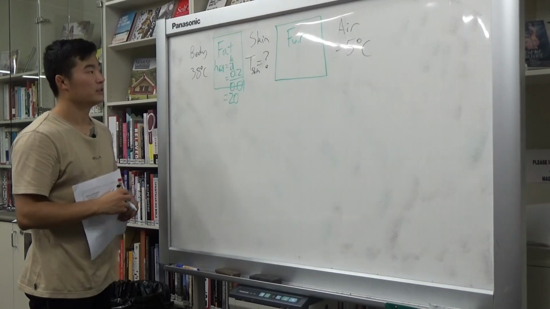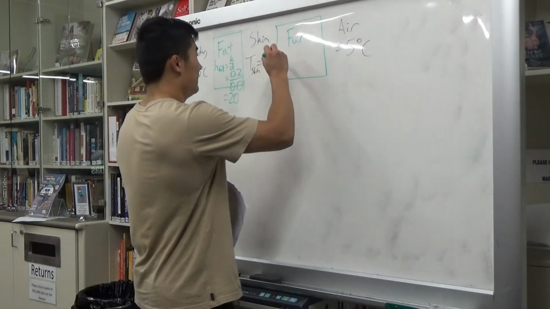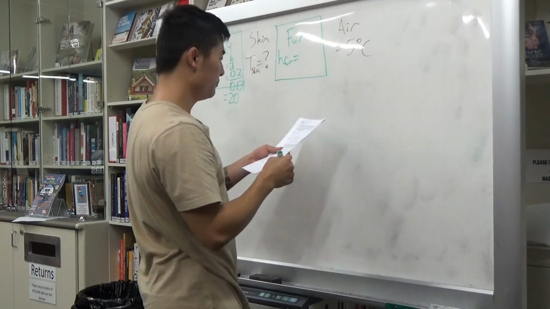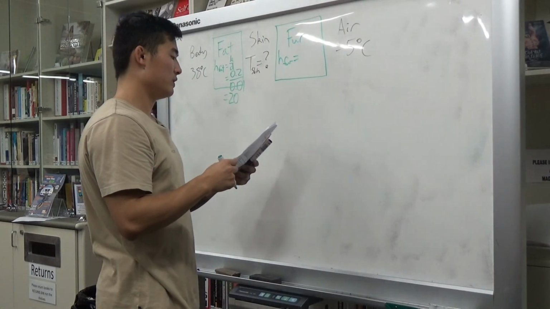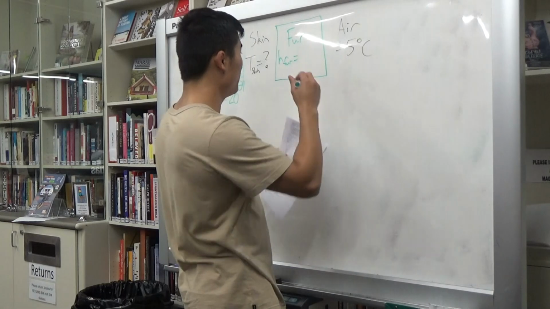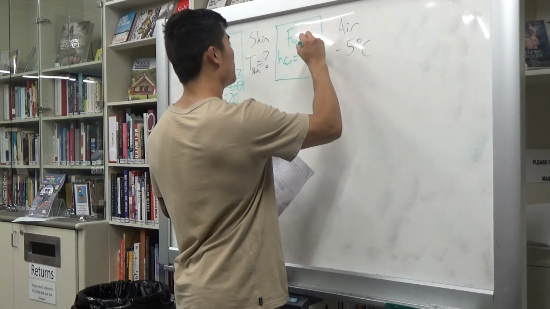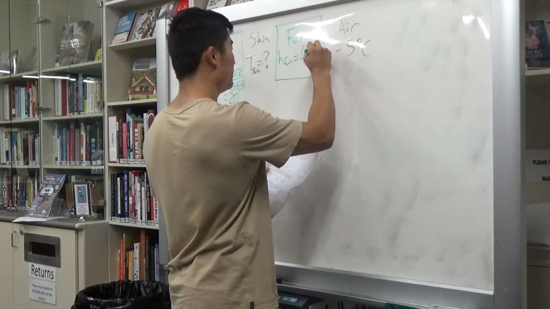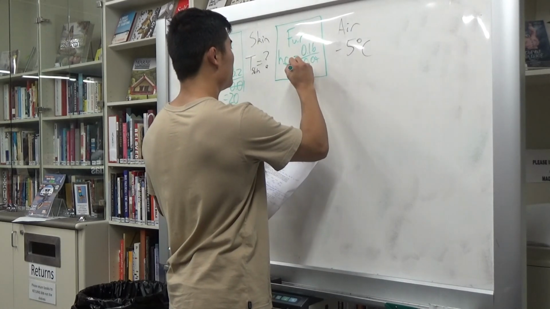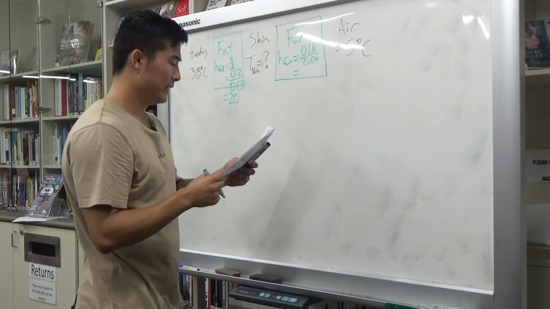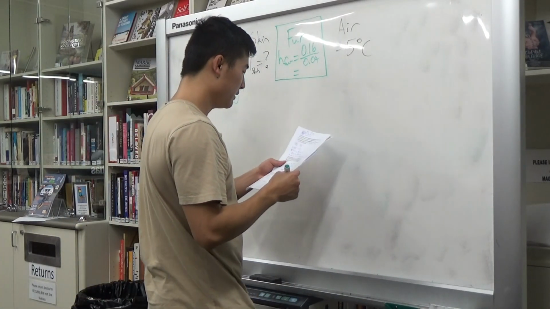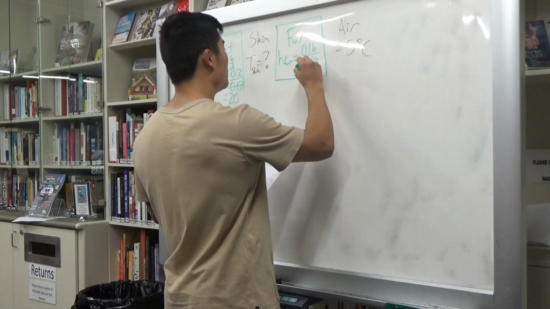Okay. And then the H of fur is going to be 0.16 over 4 centimeters, which is 0.04. And that's going to be 4.